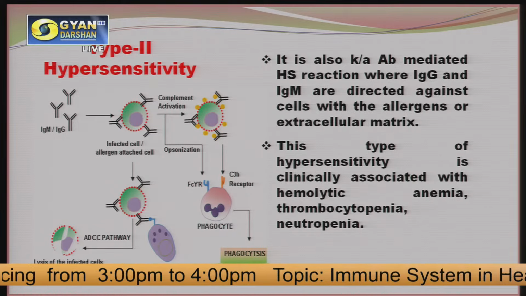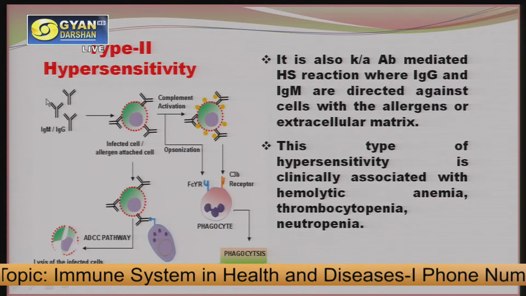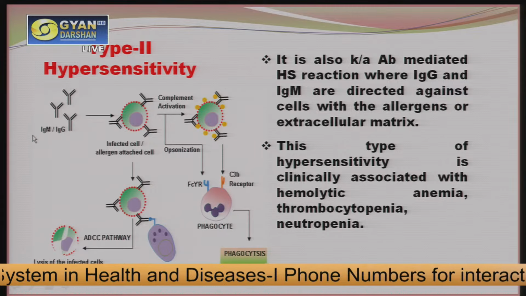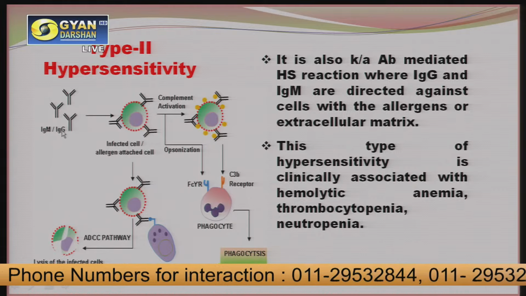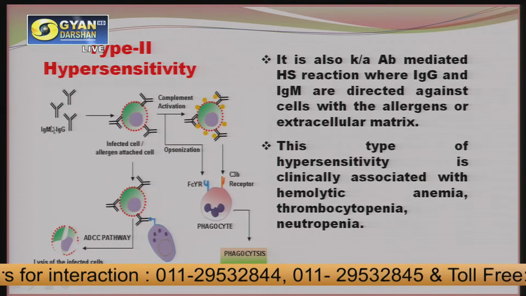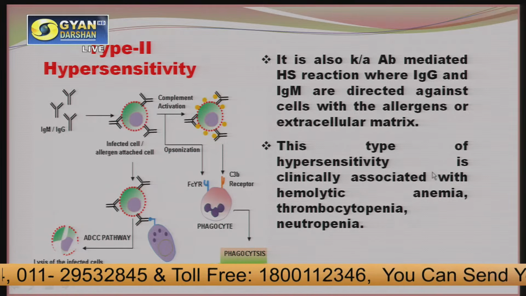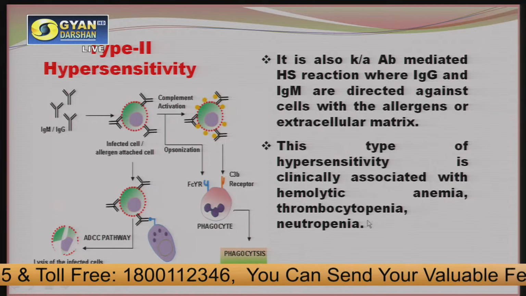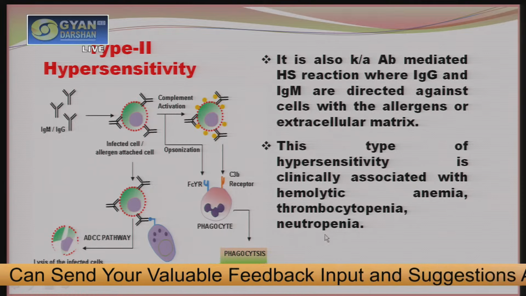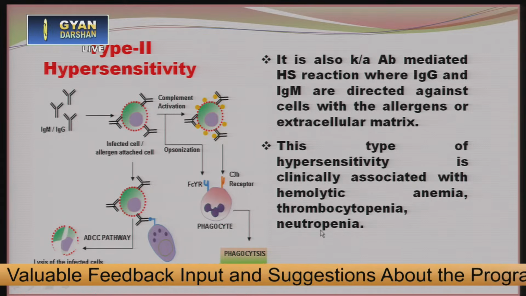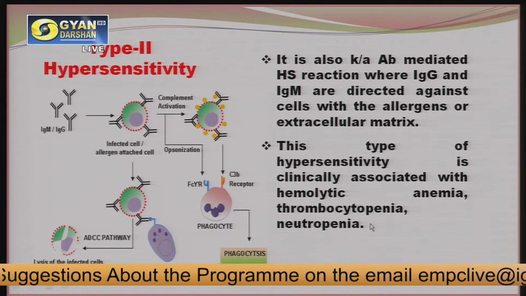So here two antibodies are involved, but in type 1 only the IgE antibody is involved, while in type 2 hypersensitivity both IgM and IgG antibodies are involved. This type of hypersensitivity is clinically associated with hemolytic anemia, thrombocytopenia and neutropenia, meaning there are very few neutrophils.